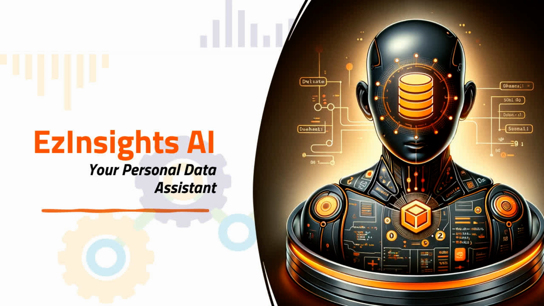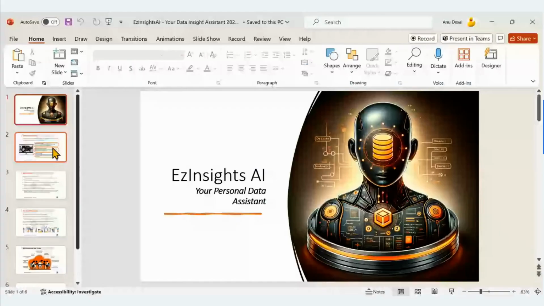So EzInsights AI is basically a personal data assistant that allows business users and the data analyst community to work with the data, whether the data is residing in any files or any databases or any other format.